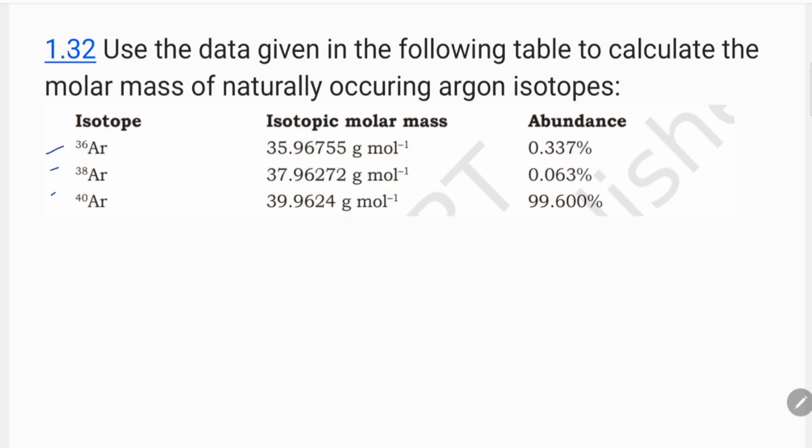Let's take abundance as A, and let's take isotopic molar mass as small m.